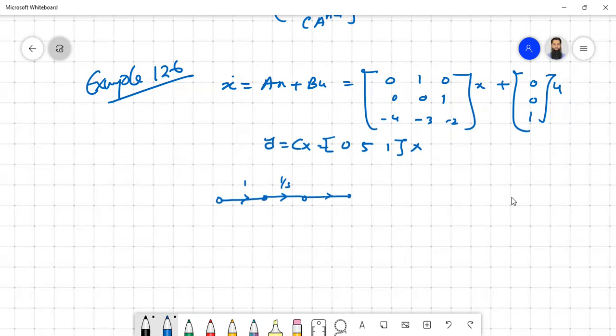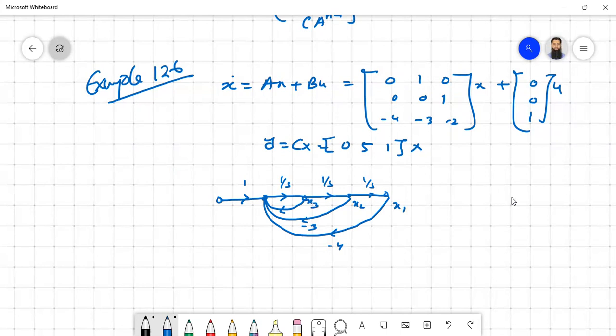This is a third order system, so the 3 consecutive integrators are there. In phase variable form, the feedbacks from the X3 are basically -2, -3, and -4. So this is definitely your X1, X2, X3.